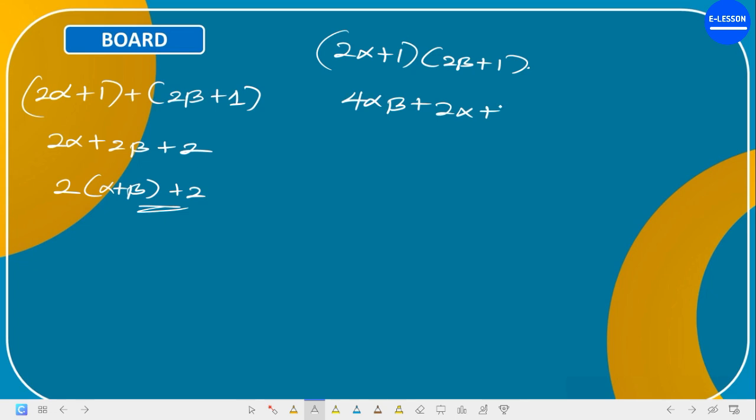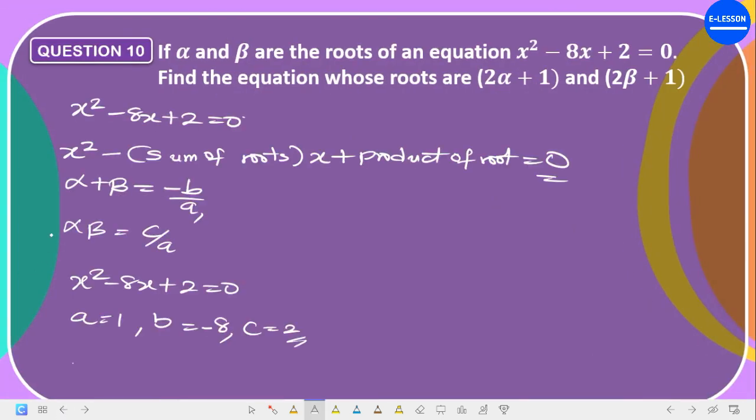Plus 1 times 2 beta is 2 beta. 1 times 1 is 1. And this gives us 4 alpha beta plus 2 alpha plus 2 beta plus 1. Now 2 is common between these two, so you can take it out as 2 bracket alpha plus beta plus 1. So this is your product and this is your sum.